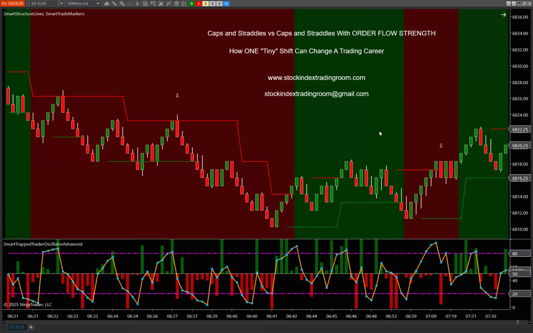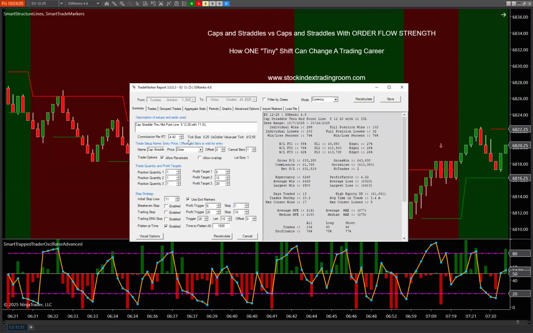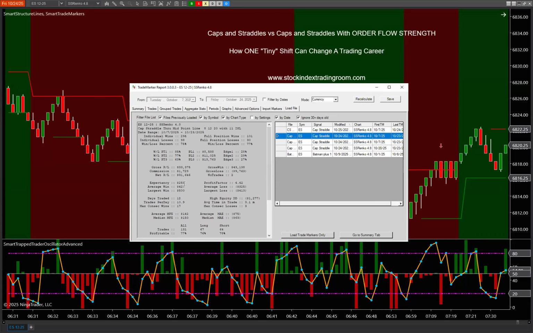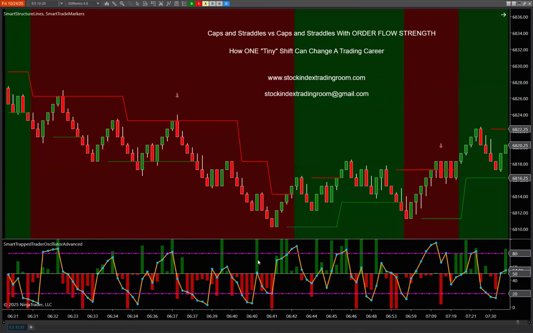So anyway, I don't know an adjective to pick for the crazy difference between 103 and 109 and 442 and 256 with one adjustment, and that's using an indicator like the trap trader oscillator that can read order flow strength.